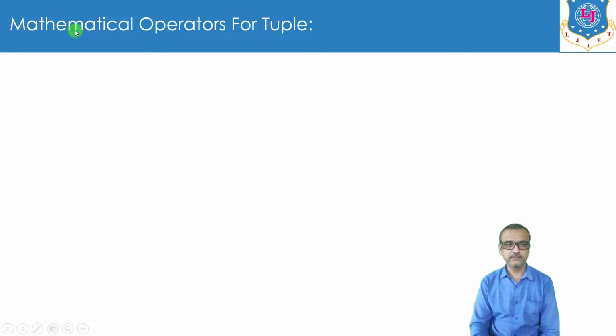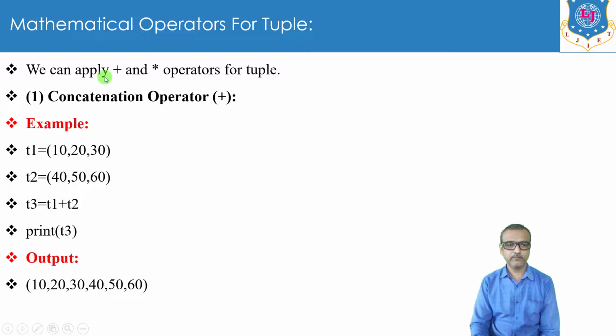Now we will see this last topic, that is mathematical operators for tuple. We can apply plus and star operators for tuple. So first is concatenation operator, that is plus operator. So for example, T1 that is equals to 10, 20, 30 and T2 that is 40, 50, 60 and we have written T3 that is equals to T1 plus T2.